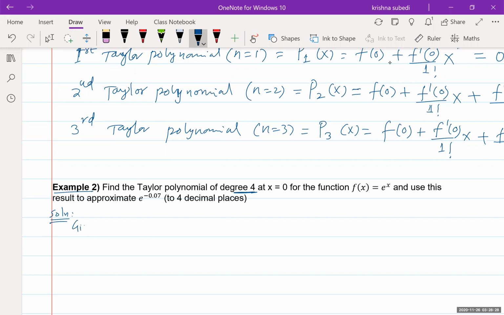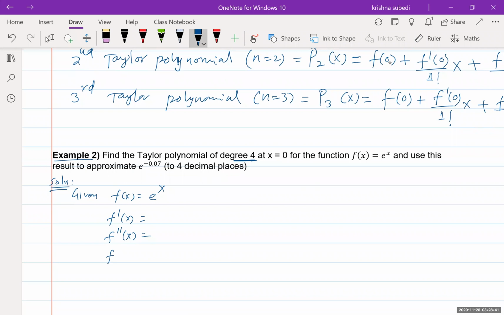Given f of x equals e to the x, I want you to find the first derivative, second derivative, third derivative, and fourth derivative. This is pretty easy, right? You find e to the x, e to the x, e to the x, e to the x.